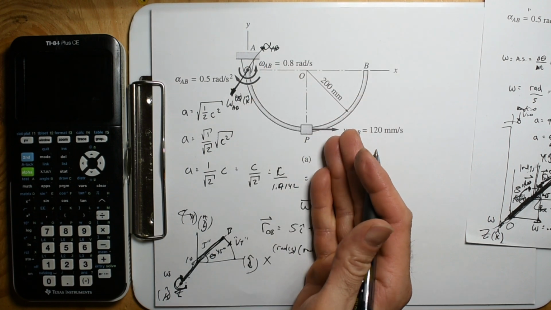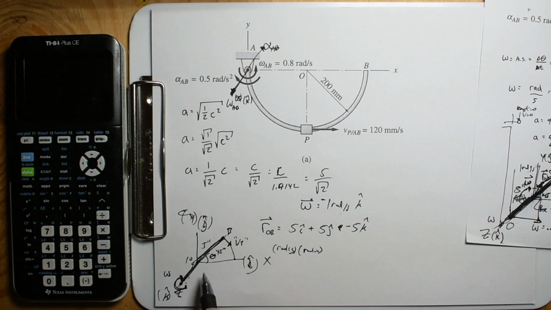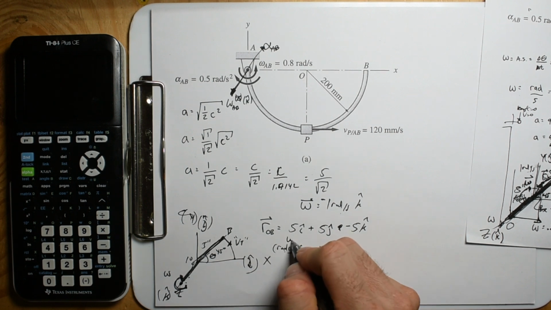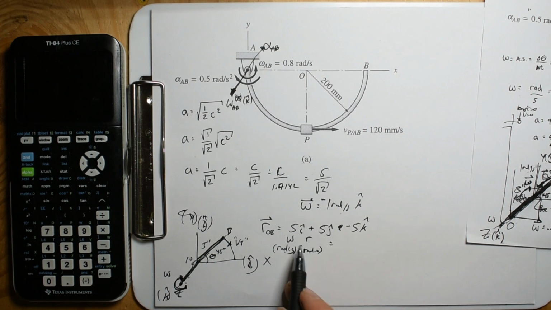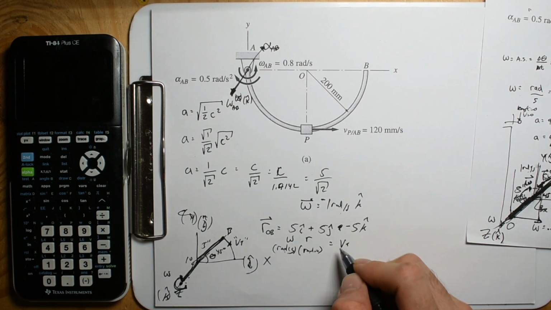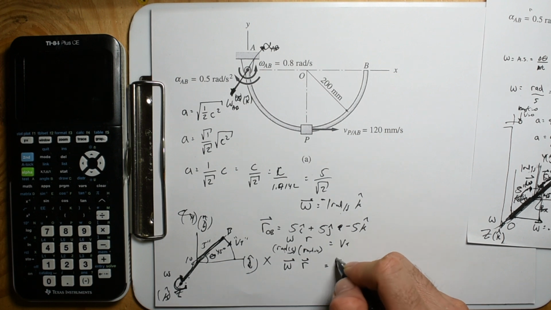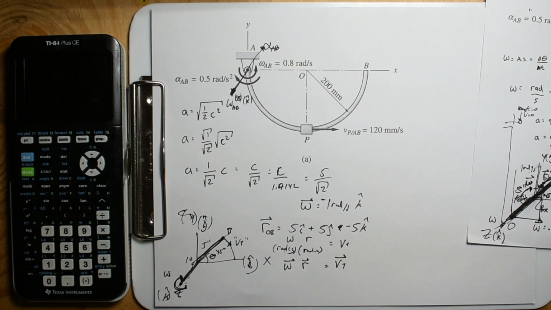Cool, they're vectors. And then you can see that radians per second times radius, we were just multiplying omega, the angular speed, times the radius, and that is the tangential velocity. But how do we do that with vectors? Because if we have vectors, I can't just do this to vectors.